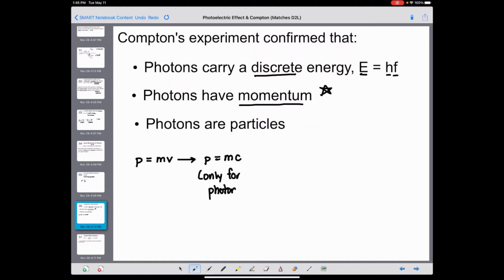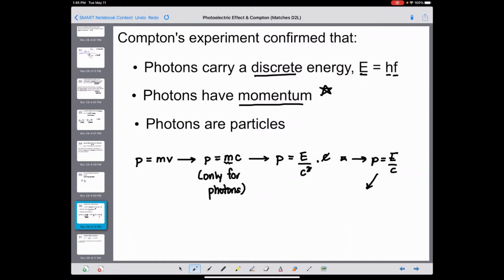Don't try to use this P equals mc in any other situation. Now, on the last slide, we wrote down that the mass is really E over c squared. So I'm just going to replace mass right here with E over c squared times c. Cancel c. So then we get P is equal to E over c.